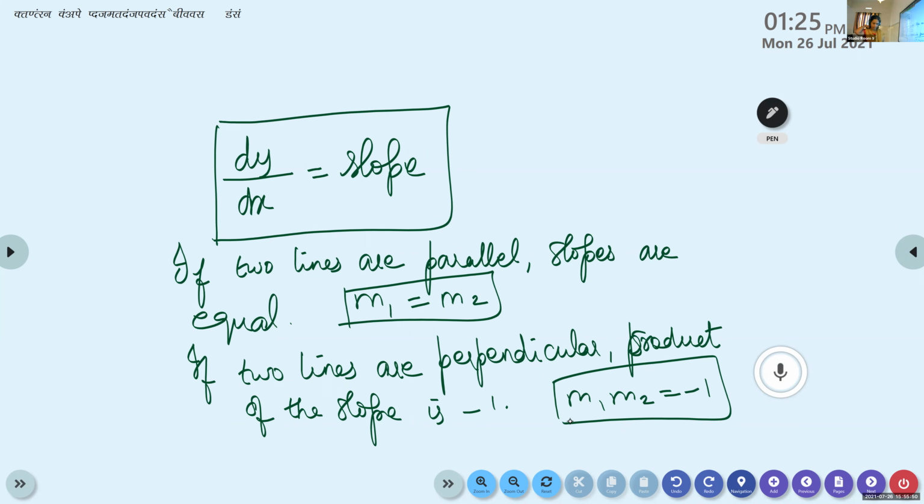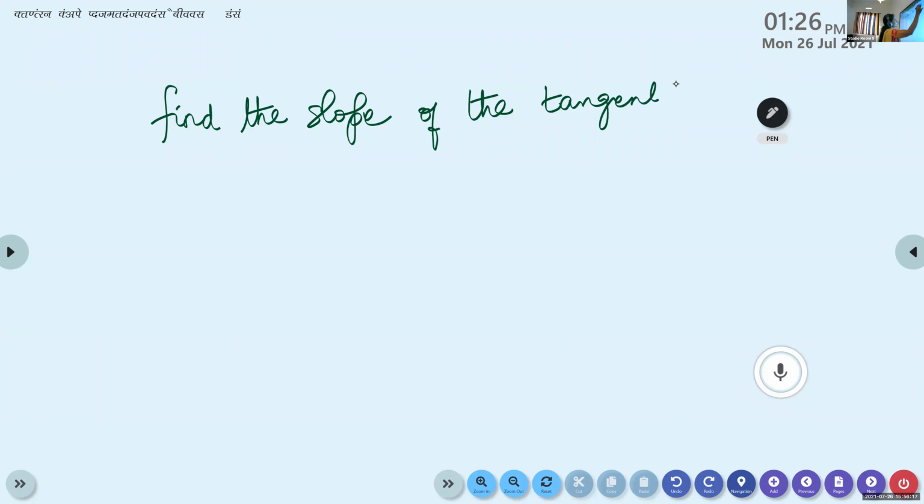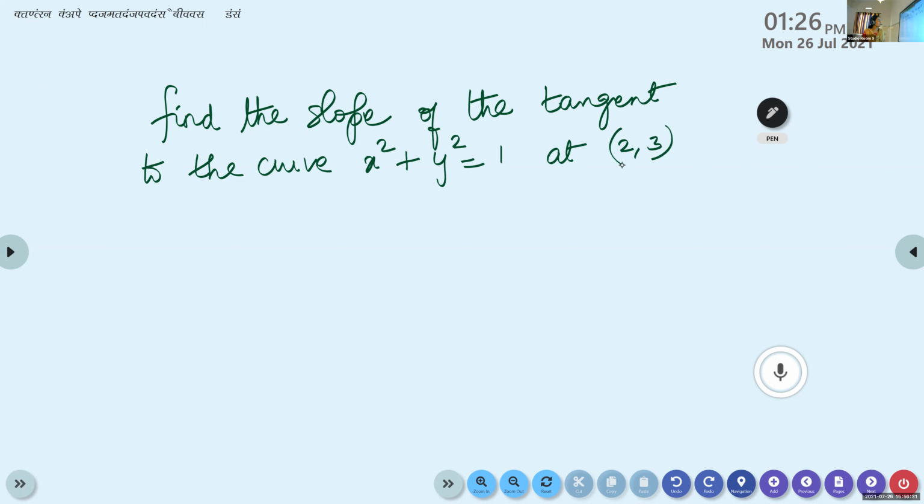So write this question, children. Find the slope of the tangent to the curve x square plus y square is equal to 1 at (2, 3).